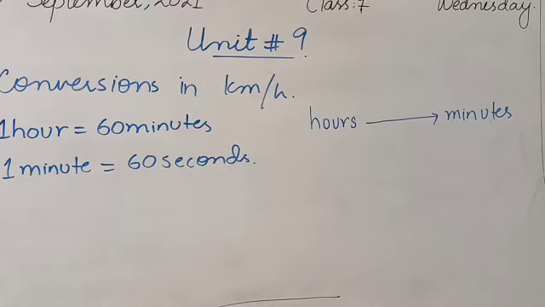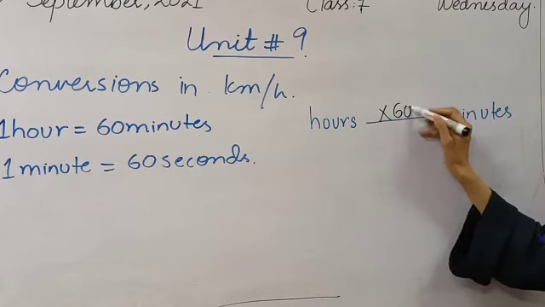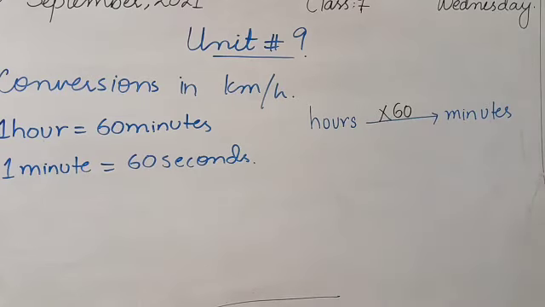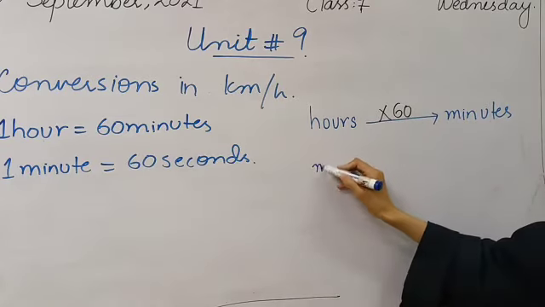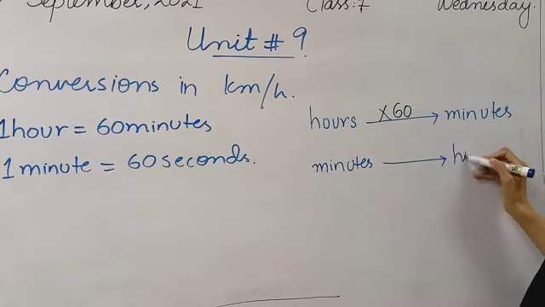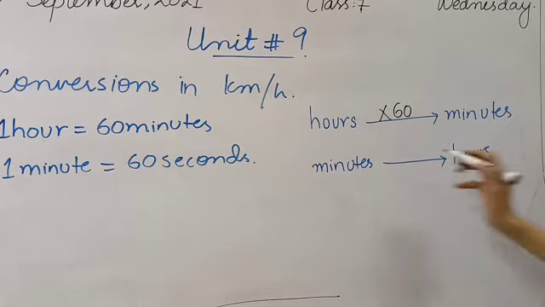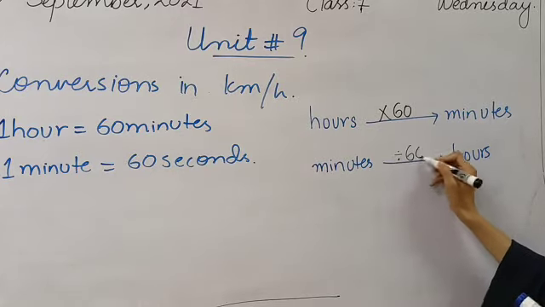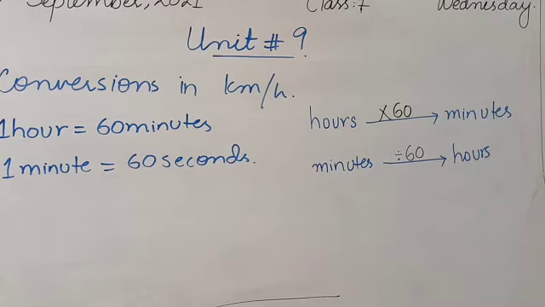To go from hours into minutes, we will multiply by 60. And if we want to go back from minutes to hours, what will we do? We'll divide by 60. The conversion factor is 60.